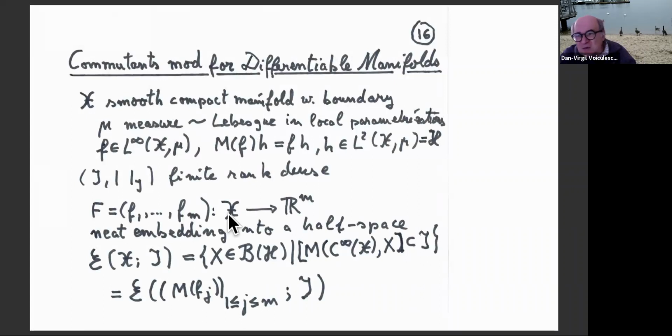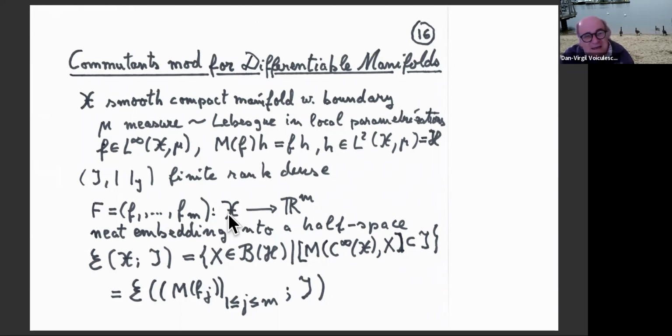Okay, now I'd like to speak about some other development around these questions. I mean, it's around considering commutants mod normed ideals. It is quite natural, of course, to generalize this object from n-tuples of commuting operators to manifolds, to smooth manifolds.